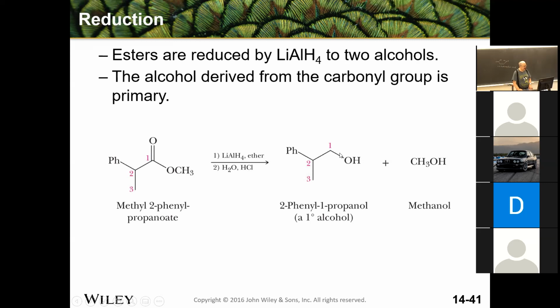This carbonyl will get reduced to the alcohol, and then when we're all done, OCH3 becomes CH3OH. So we get 2 alcohols when we reduce an ester with lithium aluminum hydride. This has to be carried out in 2 steps. We have to wait until the first reaction is done before we add the water and the acid.